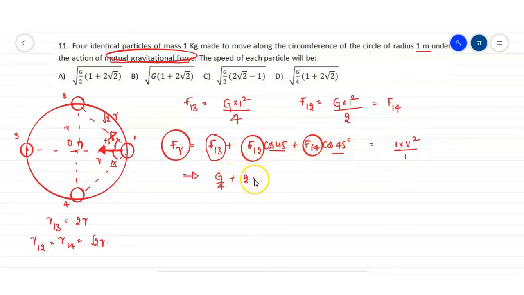So I am writing it as 2 times F12, which is G by 2, into cos 45, that is 1 upon root 2. So this 2 will get cancelled out and this will be equal to v square. Now take the square root on both sides. We will get v equals the square root of G by 4 plus G by root 2.